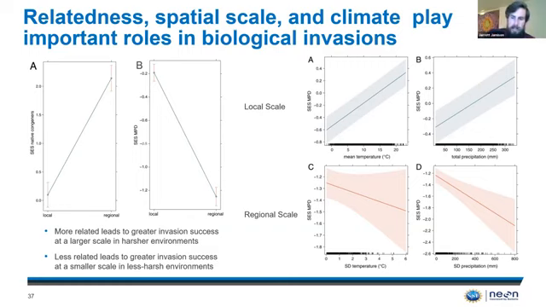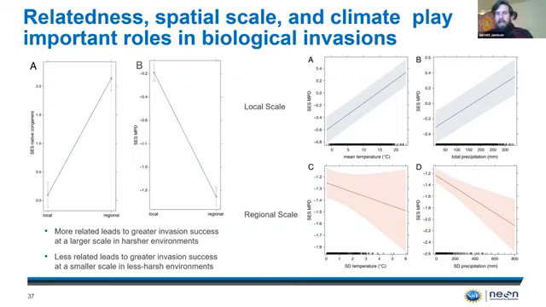So as scale increases, so does relatedness. Box B shows you the same relationship, but using mean phylogenetic distance instead of species with the same genus. Here we see that as the scale gets larger, the mean phylogenetic distance decreases. So invasive and native species become more related.